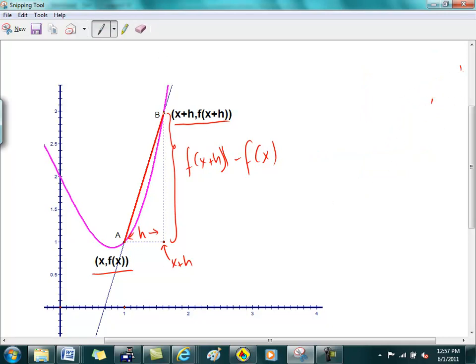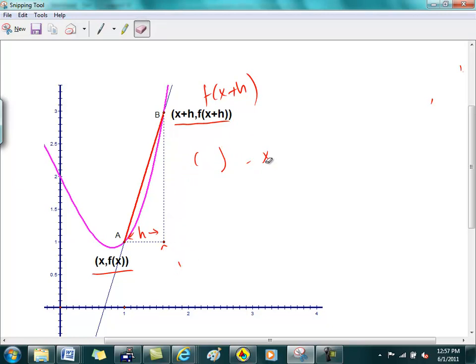Which means that if this point has a y value of f(x plus h), then it means that, I love this stuff, this distance here is f(x plus h). You with me on that?